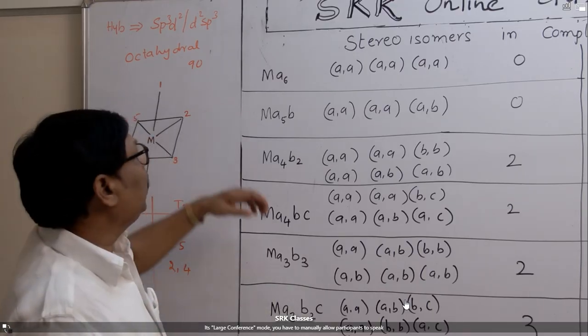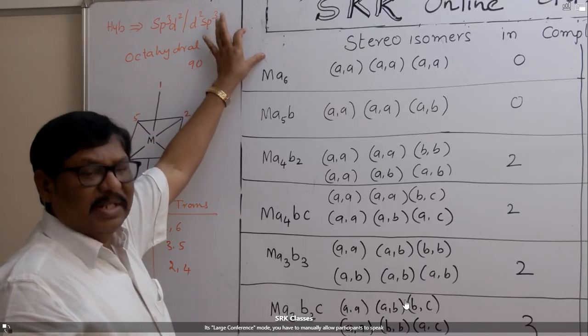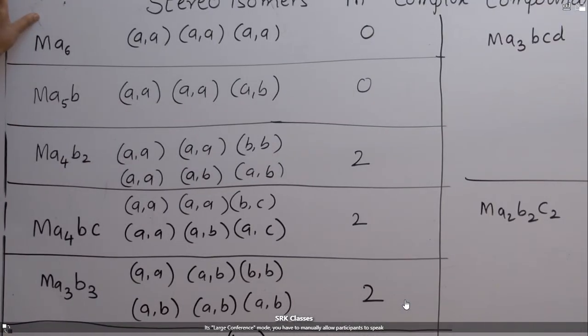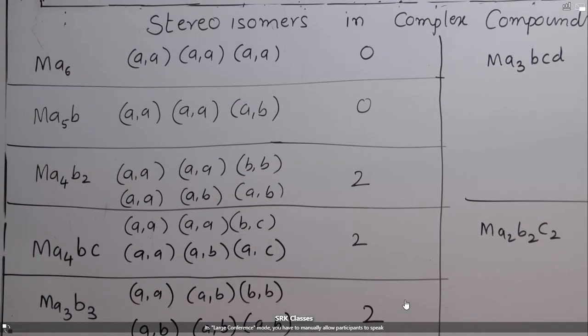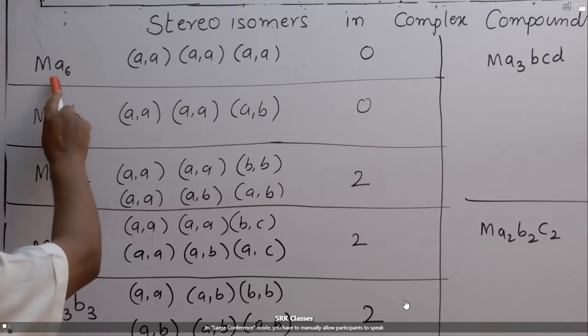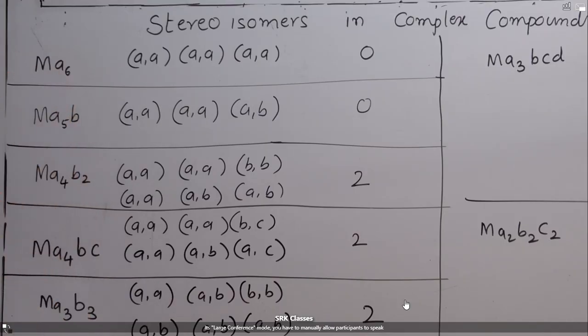Now, let us come to the first combination in the six coordinated complex. First one is Ma6. What you are supposed to do is write the pairs of ligands for a given complex compound. For example, in Ma6, six monodentate ligands are there.